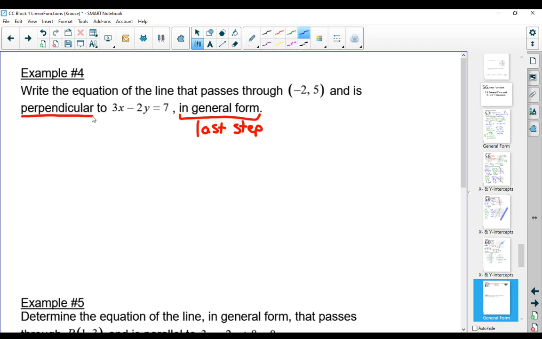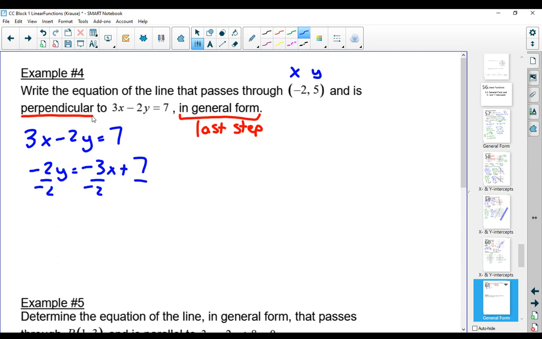All right, so for this equation, I'm told that the point is -2, 5, so that's my x and my y. And I'm told that I have to find a line that's perpendicular to 3x minus 2y equals 7. So the first thing I'm going to do is rearrange this equation to find the slope. So I'm going to have -2y equals -3x plus 7. I'm going to divide by -2.